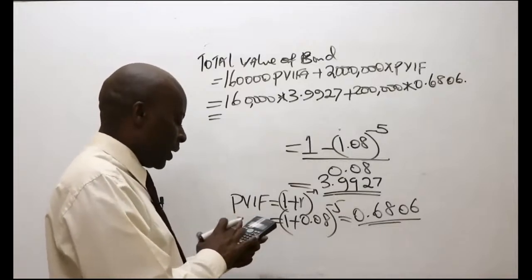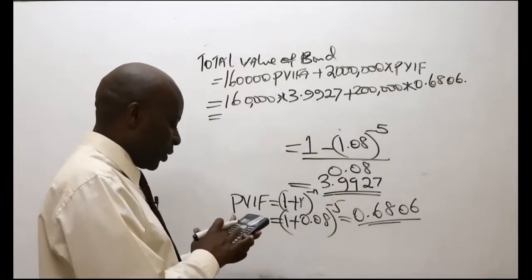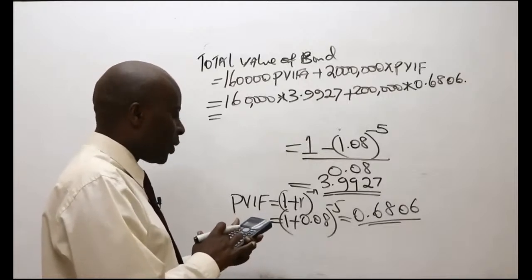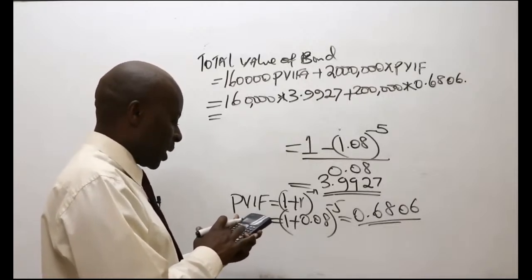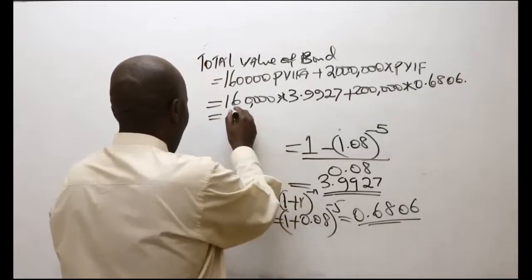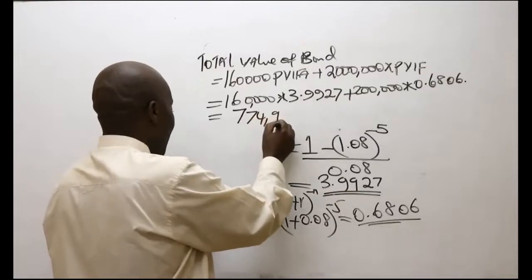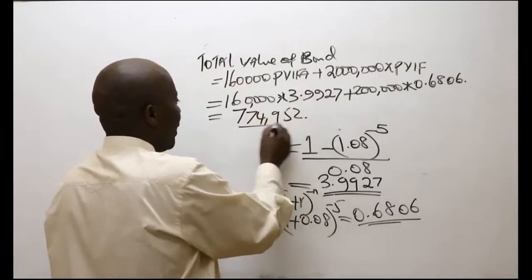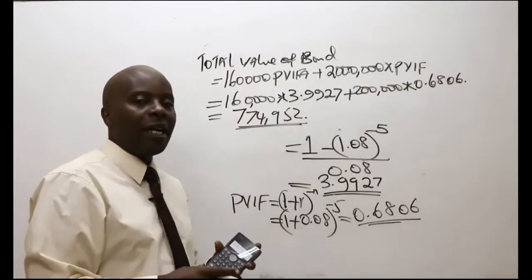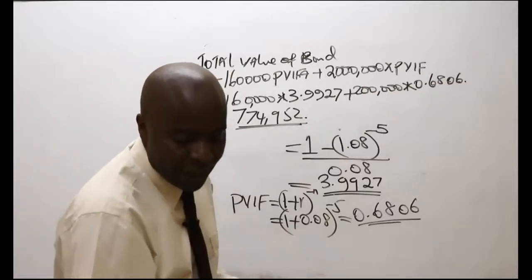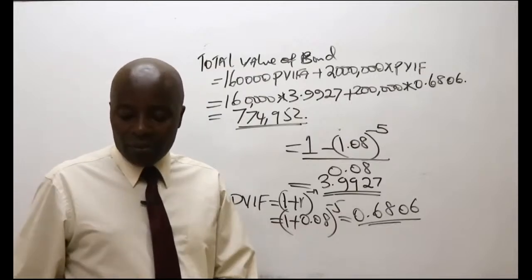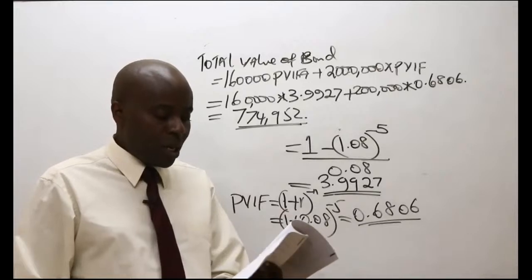We have 160,000 times 3.9927 plus 2 million times 0.6806, which at the end of the day gives us 774,952. That automatically marks the value of that particular bond.